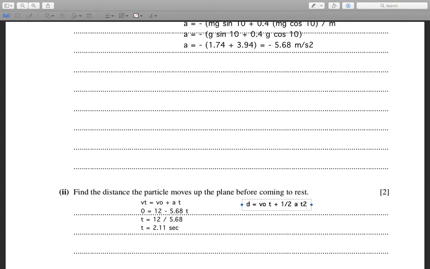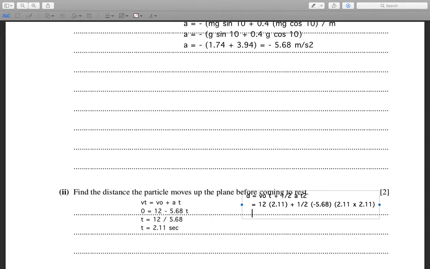Okay, finally after that we can use the distance equals v0 times t plus a half a t squared. D equals 12 times 2.11 plus a half of a, a is negative 5.68, times t squared, 2.11 times 2.11.